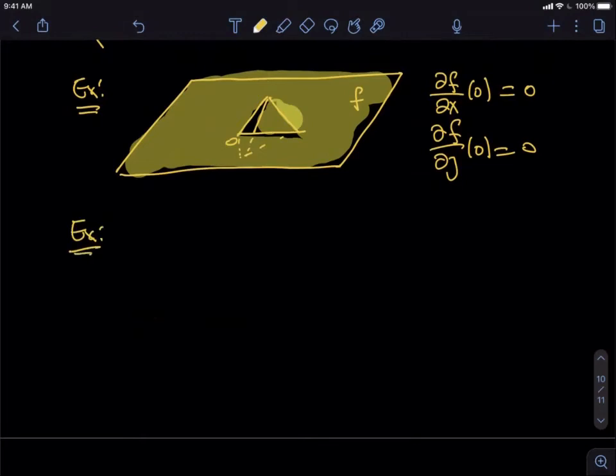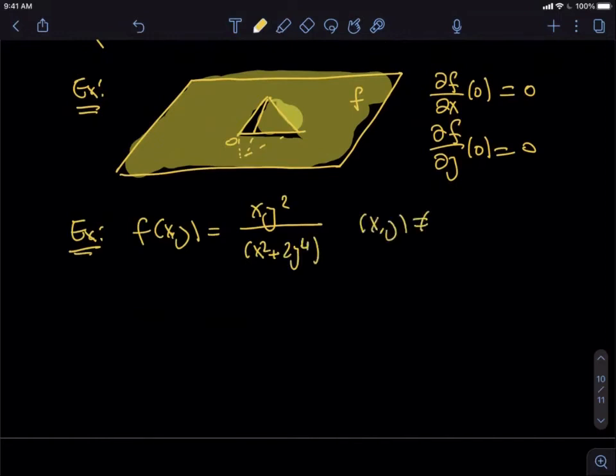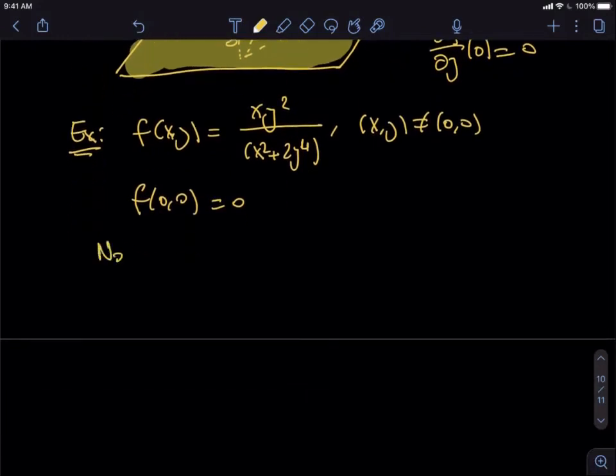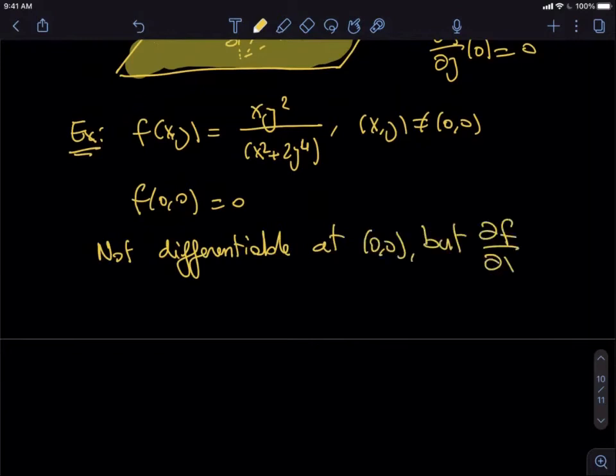For example, we can think about f of (x,y) equal x y squared divided by x squared plus 2y to the power 4. Okay, this is if (x,y) is different from (0,0). And f of (0,0) equals 0. For a function like this, we can see that it's not differentiable at (0,0), but the partial derivatives exist.